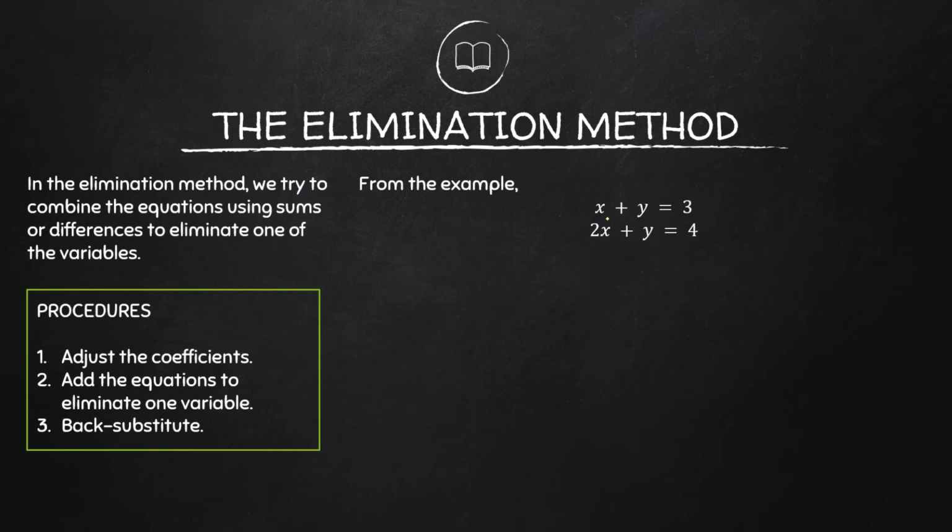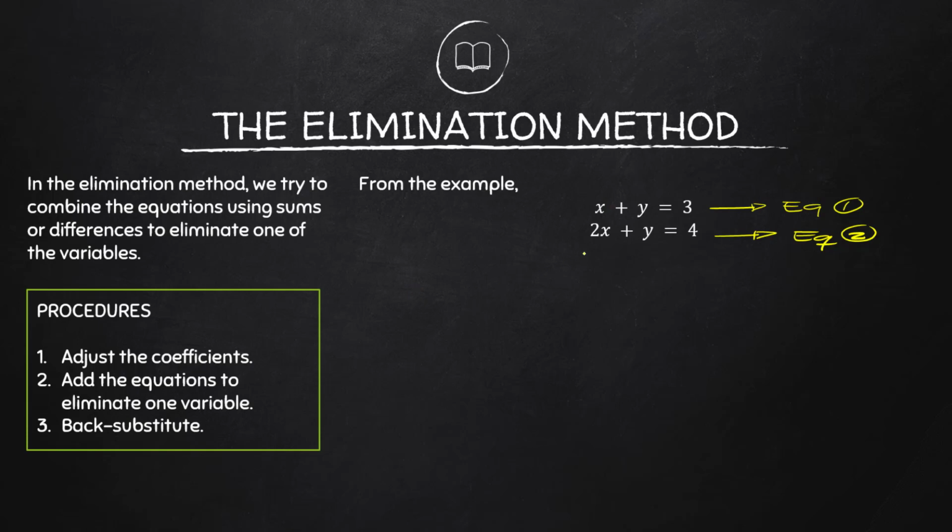So to do that, we have here 2x plus y equal to 4. We want to eliminate the variable x. To do that, we will multiply the first equation, equation 1, by negative 2.